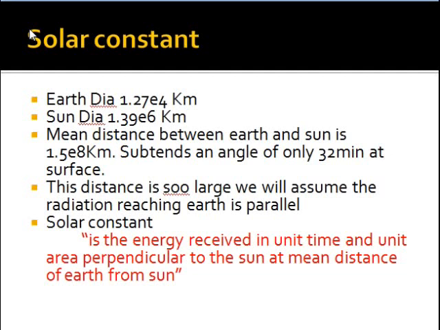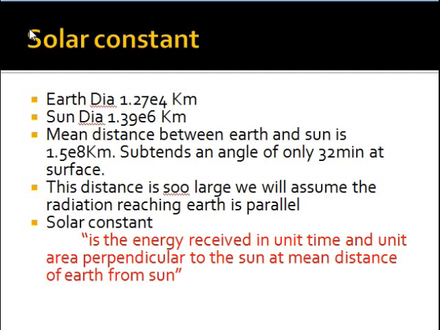You can see that. Because this much distance is there, and because of the spherical shape of the sun and the spherical shape of the earth, the sun emits rays along its radius, because it is spherical.